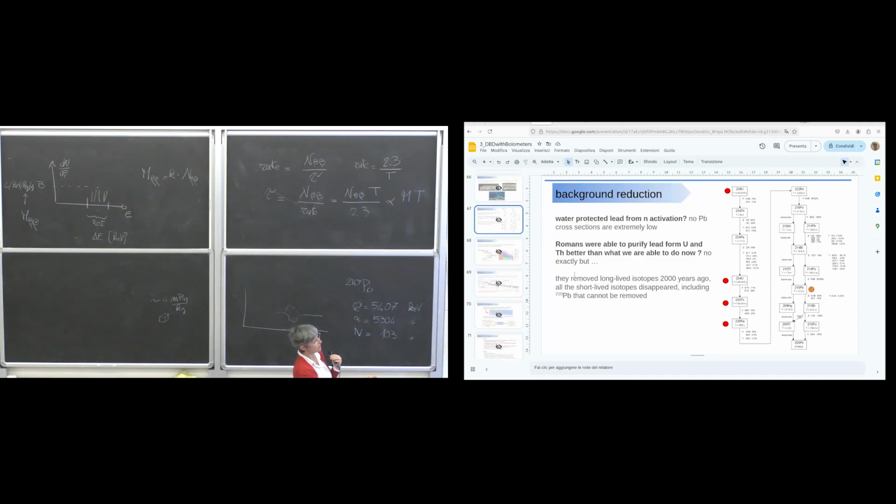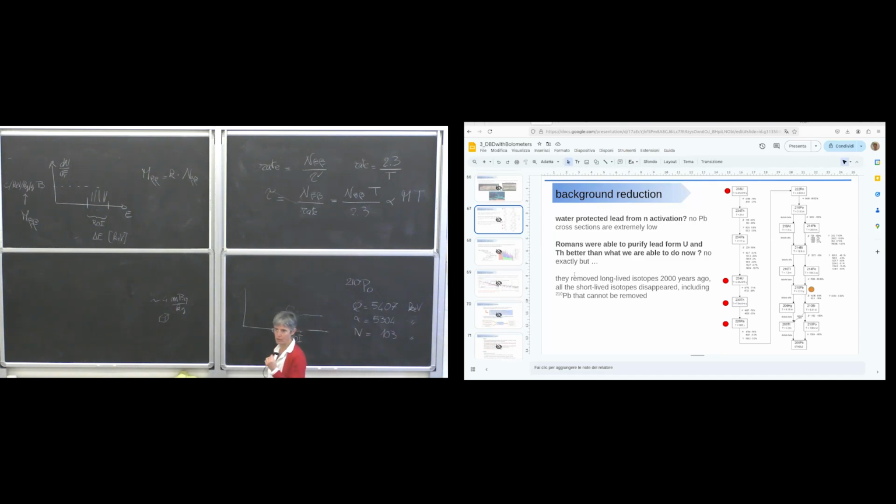Lead decays by beta decay with the emission of a line at, I'm not able to read, but somewhere around 46 keV. And then you have bismuth 210 that again beta decays without gamma emission.